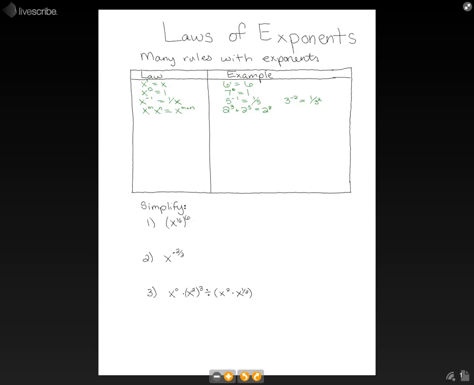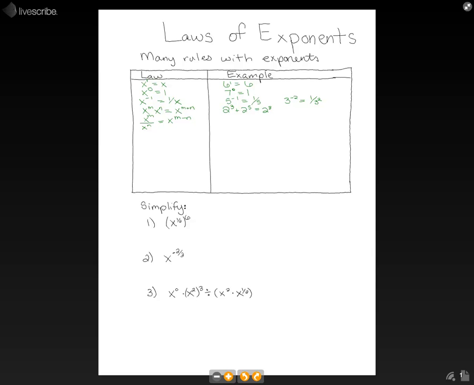Our next example, we have x to the m divided by x to the n is going to equal x to the m minus n. So you're going to have division turn into subtraction.